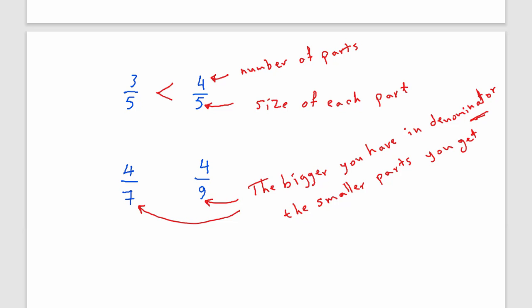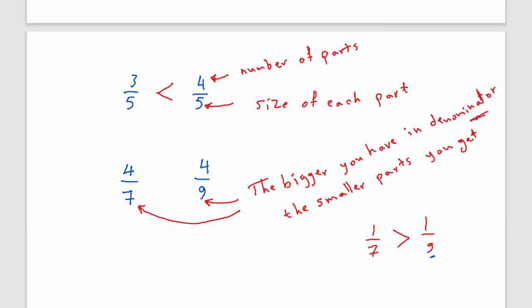So simply, one part when the denominator is 7 is greater than one part when the denominator is 9. So 1/7 and 1/9. Simply, my heroes, 1/7 is more because the bigger number you get in the denominator, the smaller parts you get.